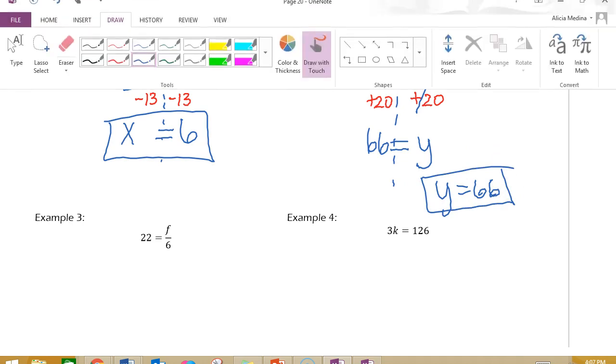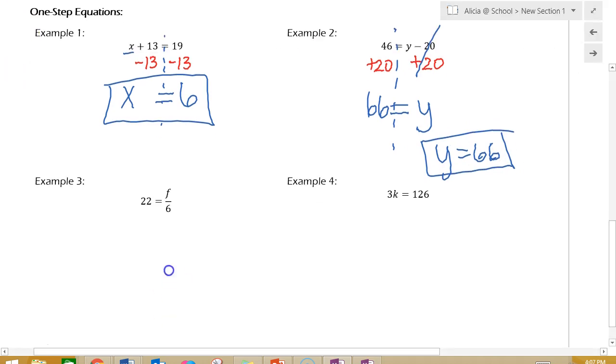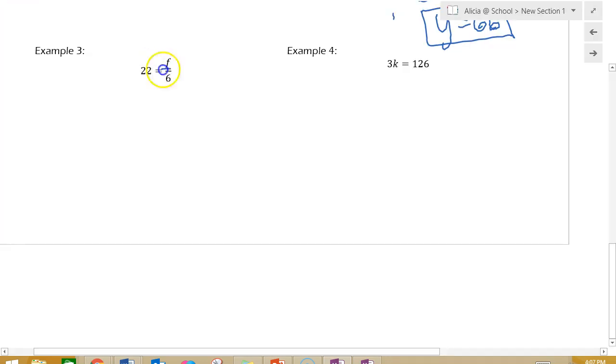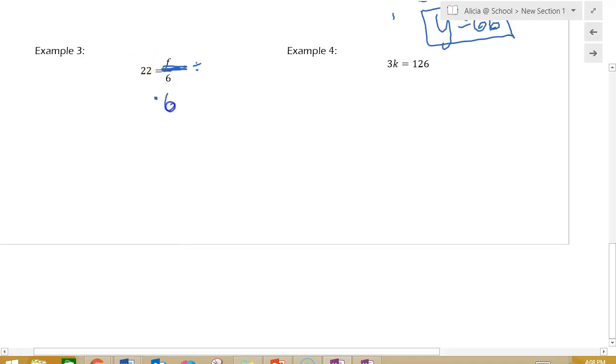Looking at example 3, we have 22 equals f divided by 6. So again, don't be afraid of those fractions. That little bar there means divide, right? So if I am currently dividing by 6, what is the opposite of dividing by 6? Well, we need to multiply by 6.